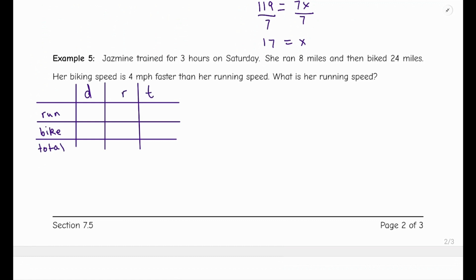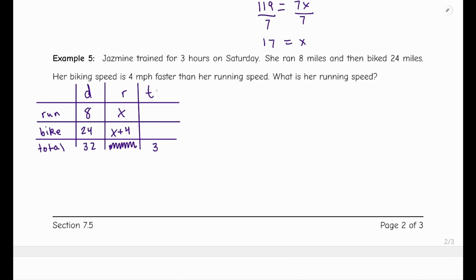So we trained for 3 hours, so our total time is 3. She ran 8 miles, don't know what speed. She biked 24 miles, and that was 4 miles per hour faster, so that's x plus 4. You'll never have a total speed, and if you really want to, our total distance then would be 32.